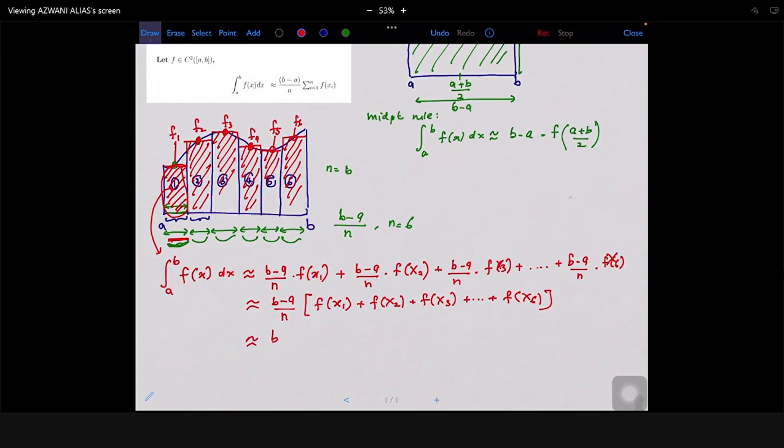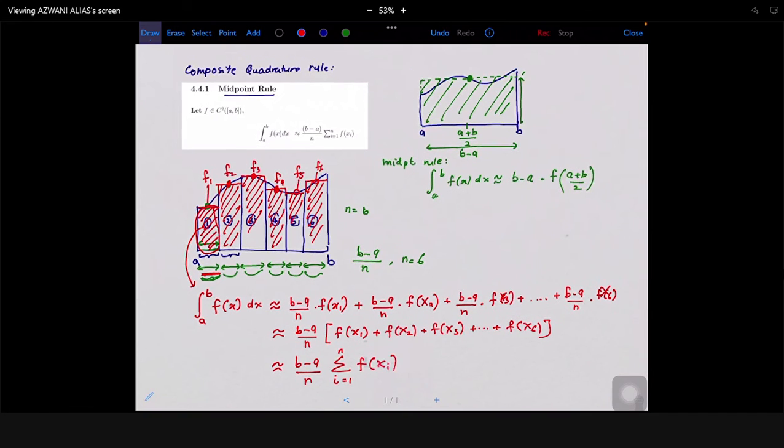Dia adalah (b minus a) divided by n multiplied by the summation from i equal to 1 up to n, alright, f(xi). Jelas? Atau dapat formula macam tu? That's akan dapat formula ni.